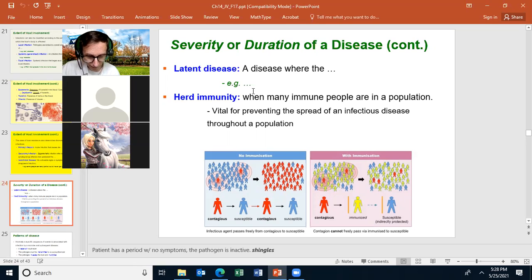In fact, human children, over 95% of the population get it. And they get it usually when they're young, within the first year or the first 2 years of life. And like I said, they get it from their parents. And the agent comes out of latency and infects the child, but the parent doesn't realize they have signs or symptoms of the disease.